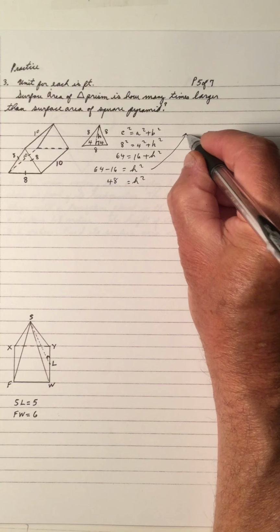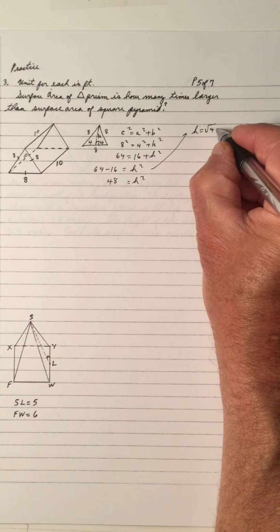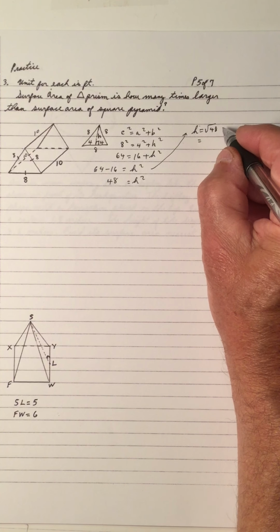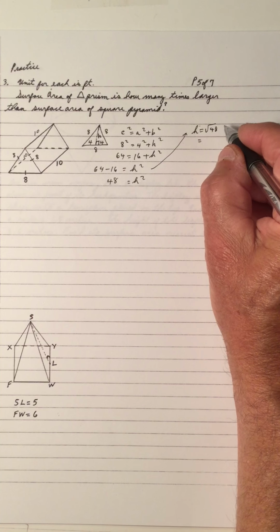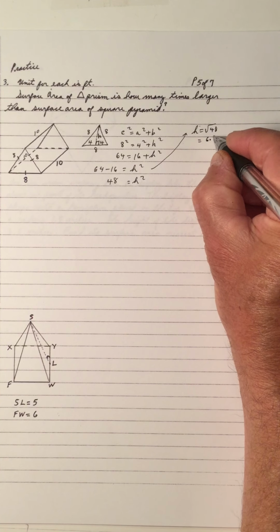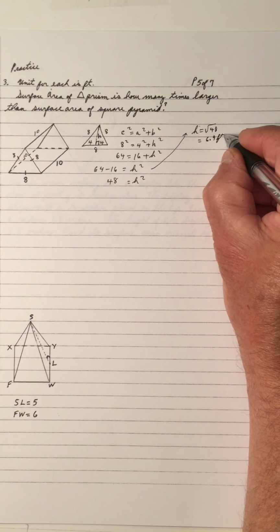And let's bring that up here. So h is going to be the square root of 48. And the square root of 48 comes out to be 6.9. And again, the units are in feet, so that's one dimension.